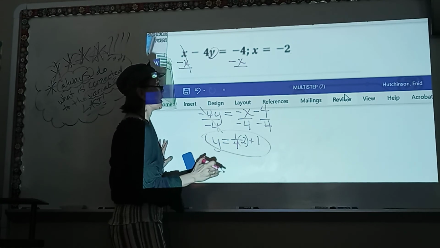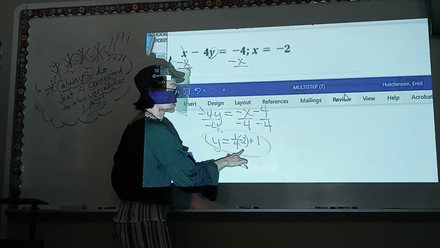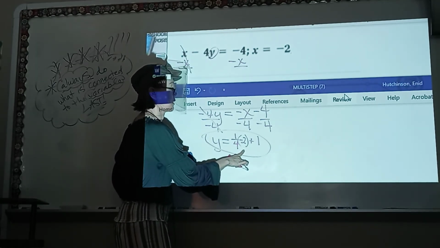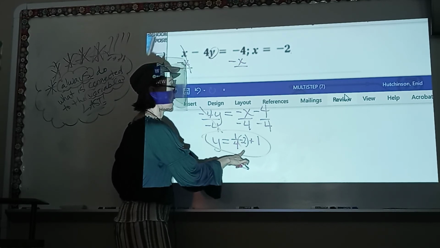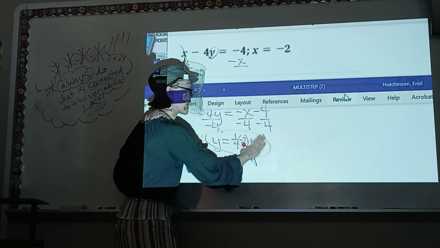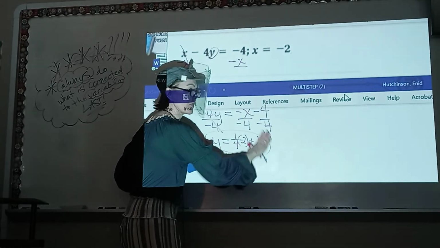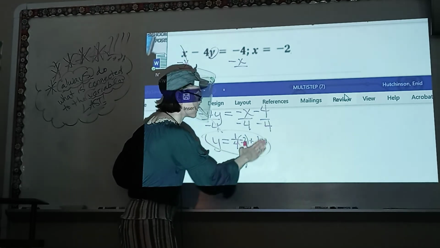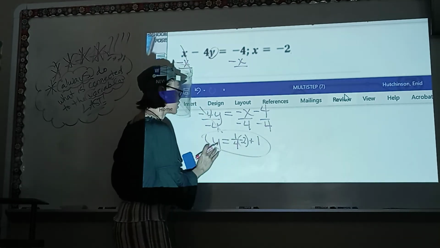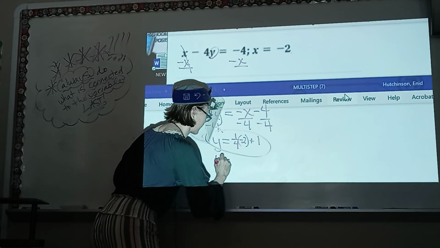The x was right here. Do we all see that? When you do this math, it's going to tell you what y is equal to, whatever the result of this is. So let's do the math, bring down the y.